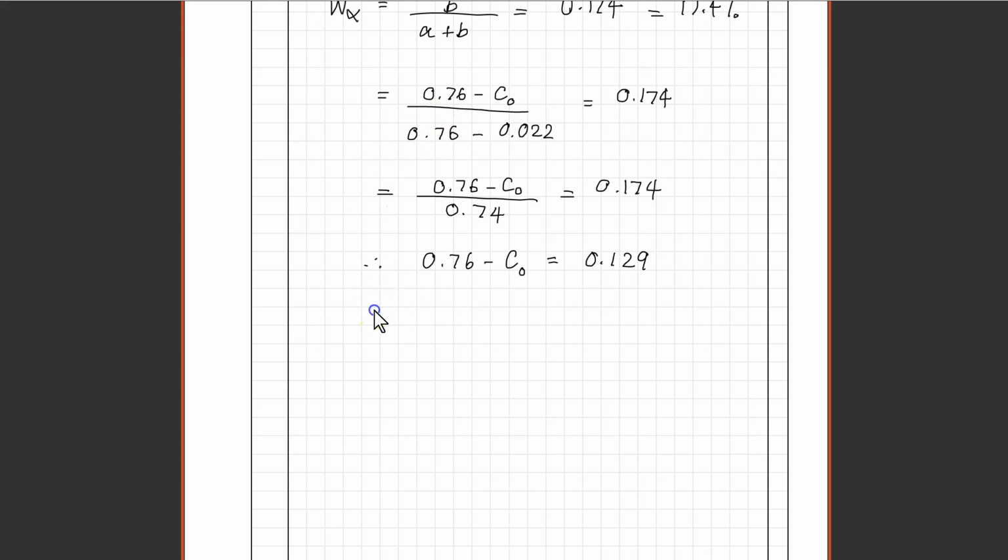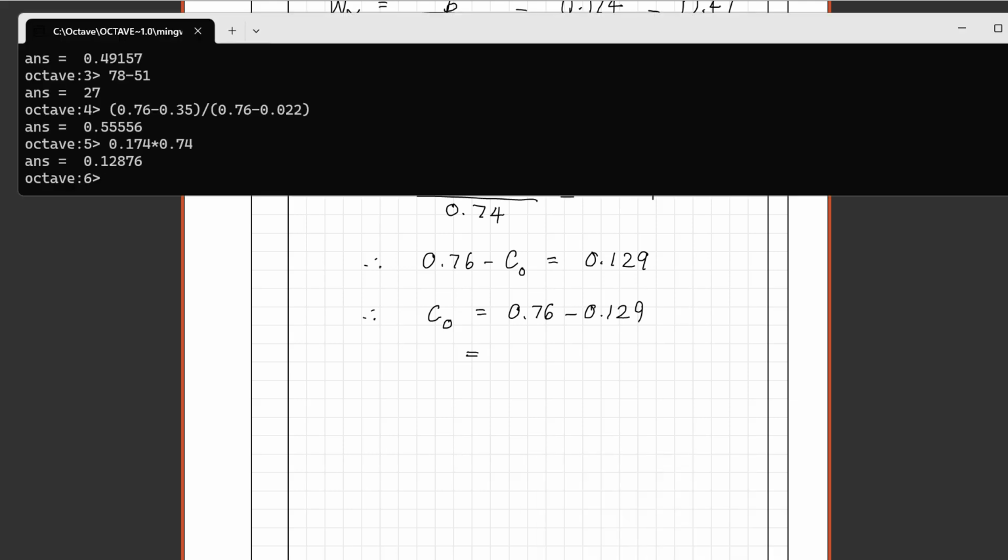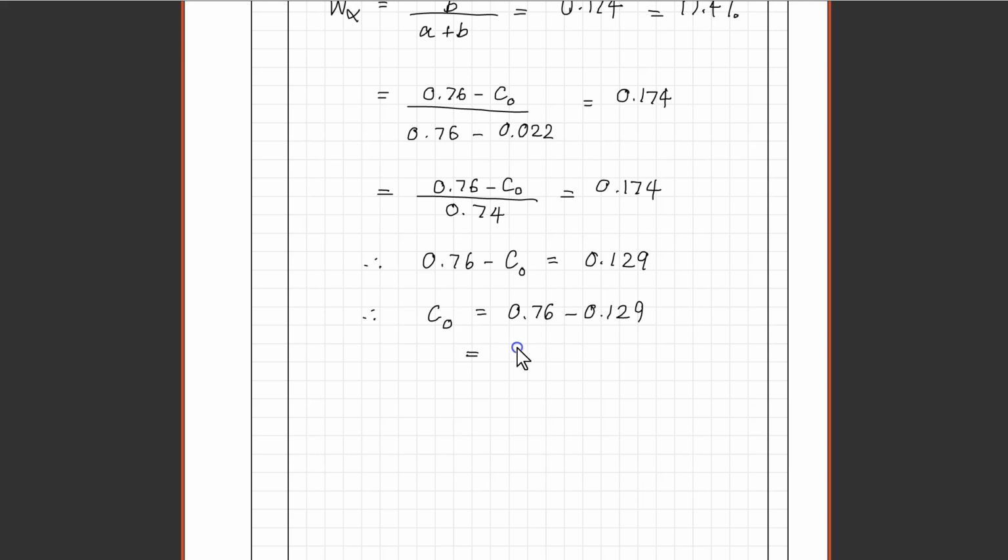So therefore, C naught is equal to 0.76 minus 0.129. 0.76 minus the previous answer gives us 0.63. And this will be weight percent carbon.